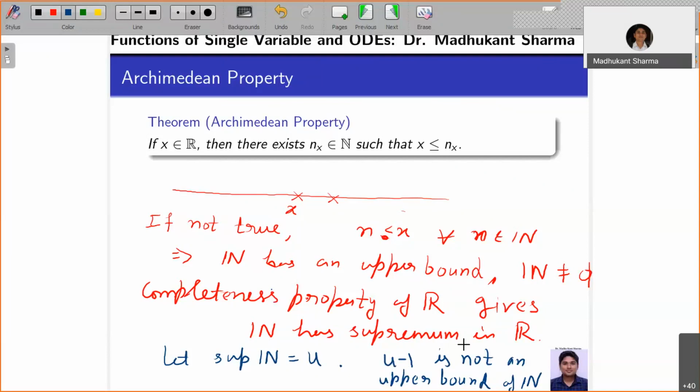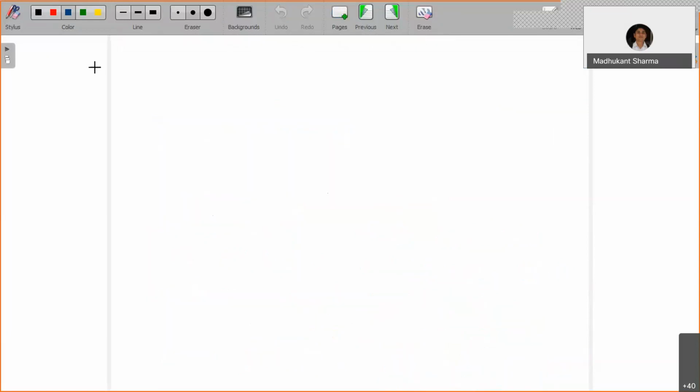So what does that mean? This implies there exists some small k belonging to the natural numbers such that u minus 1 is less than k, right?